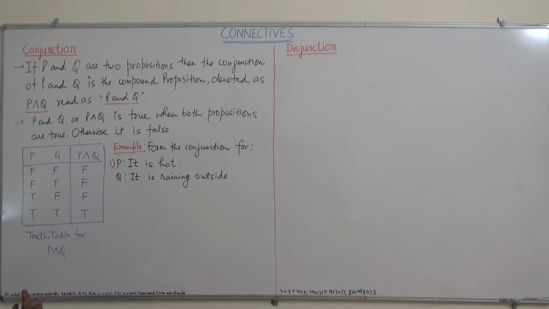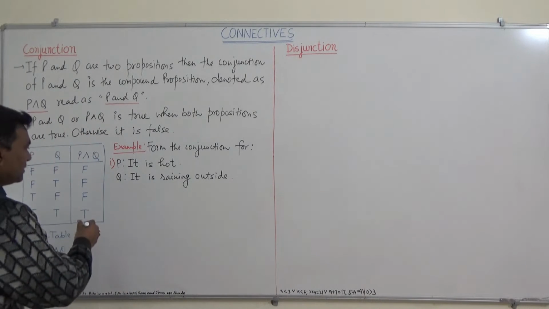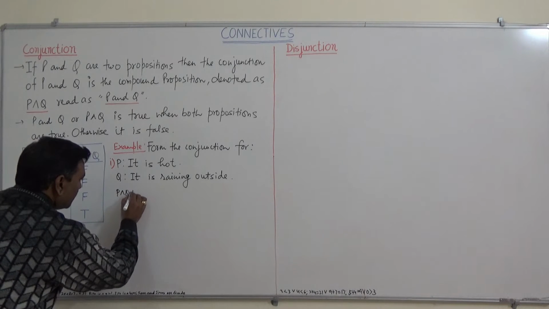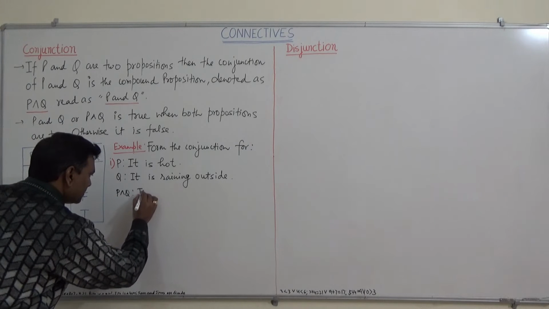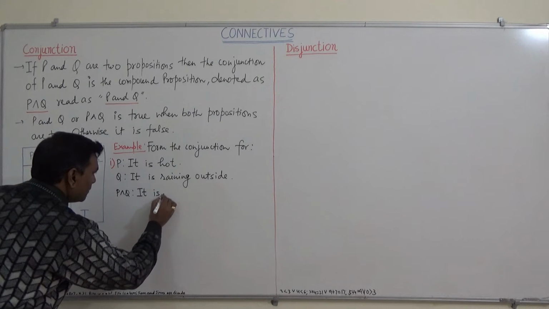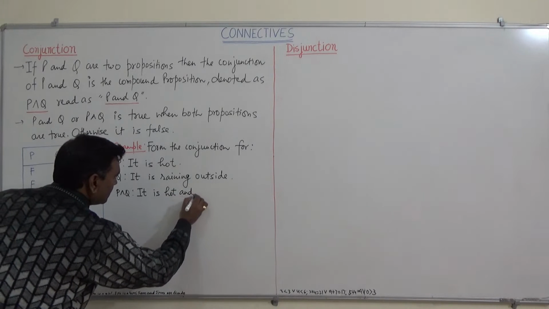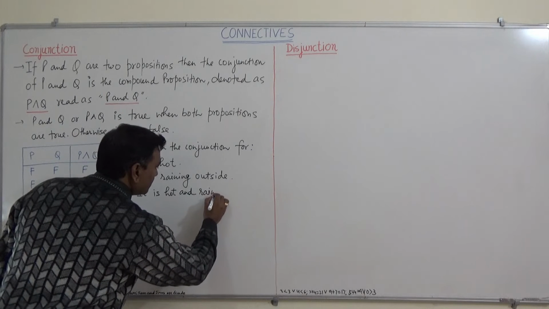Then we can form the conjunction of P and Q, denoted as P and Q. This will be: it is hot and raining outside.